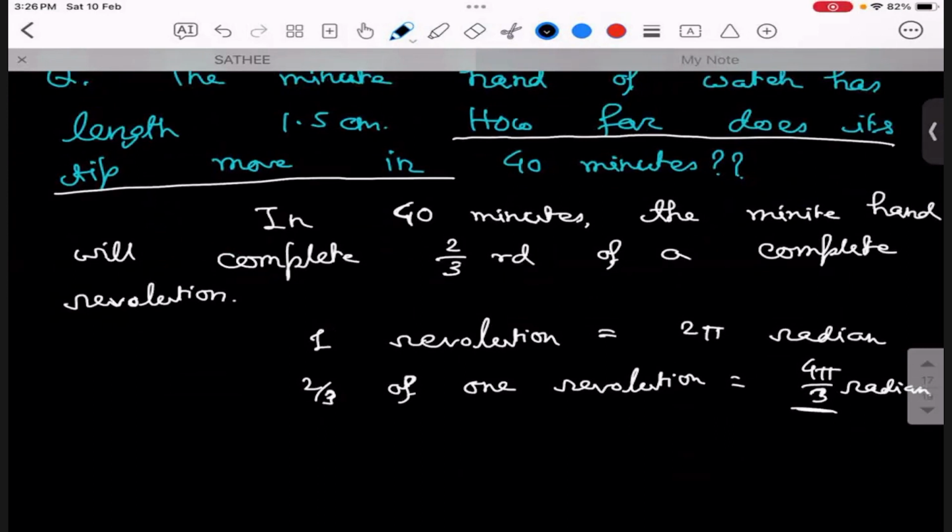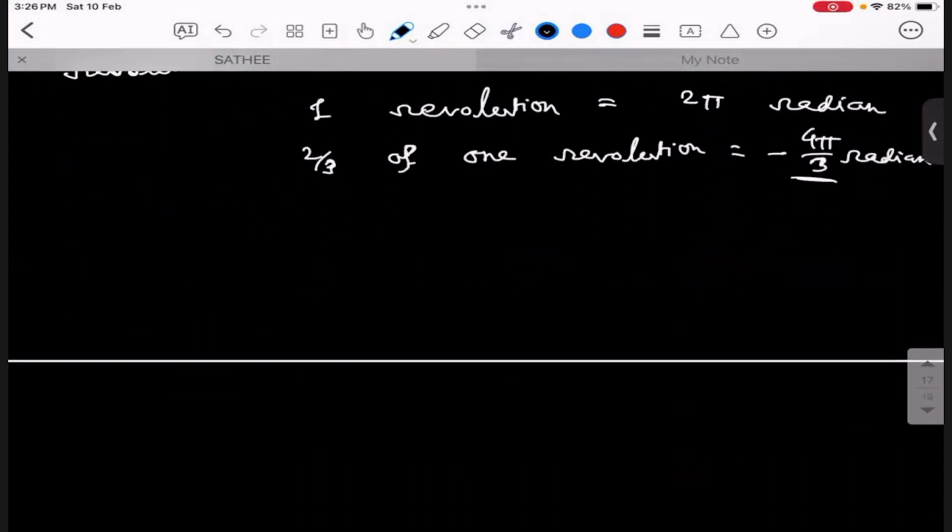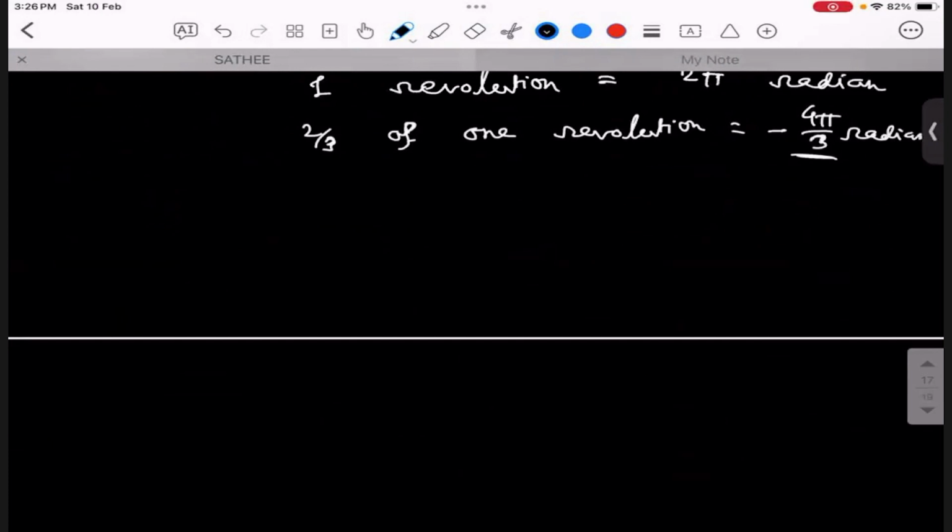So usually you should write this as minus 4 pi by 3 radian. So usually we draw like this. If this was our starting point, because the minute hand starts from here, and it is presently at this point here, right? So if I draw the circle completely, this is our watch, suppose.